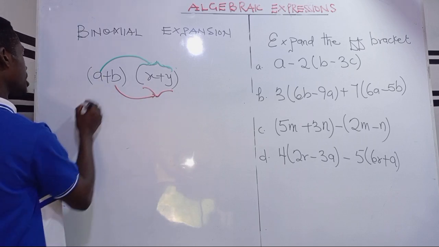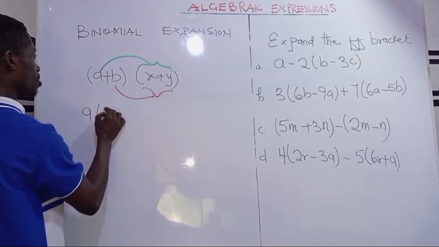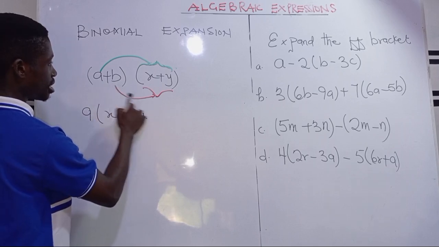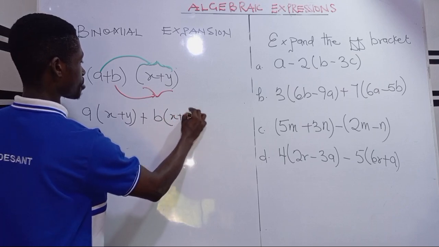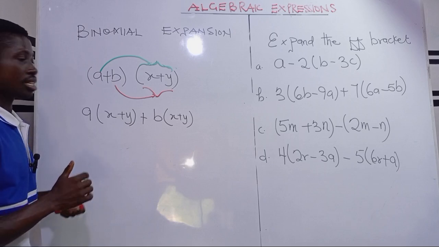So we are going to get a multiplying the whole of what? x plus y, and then plus b multiplying the whole of what? The second bracket. This is how we are going to expand two binomials.